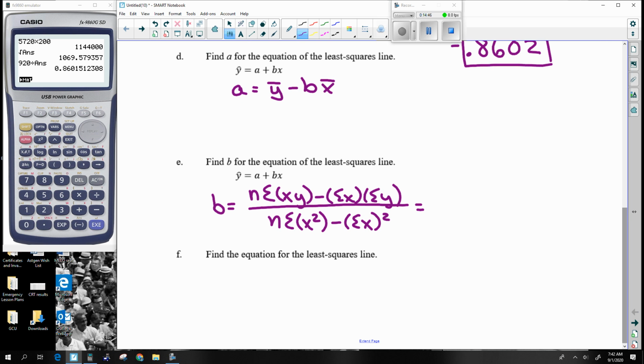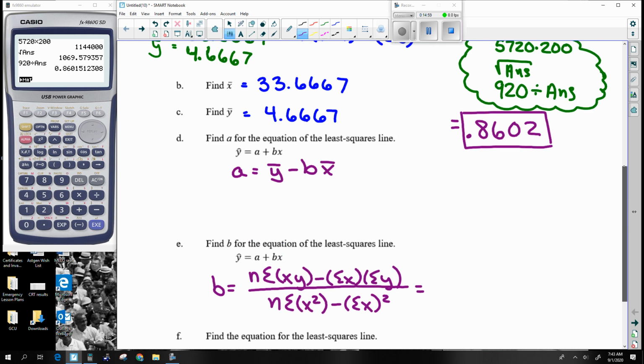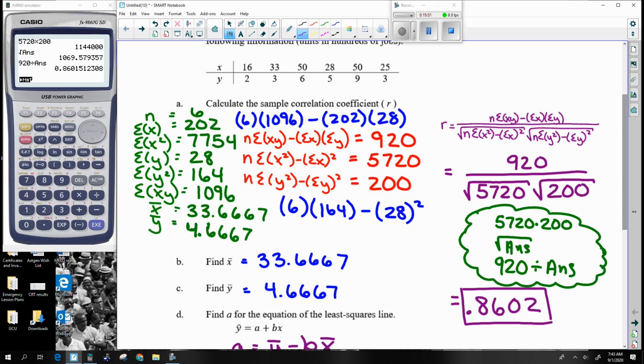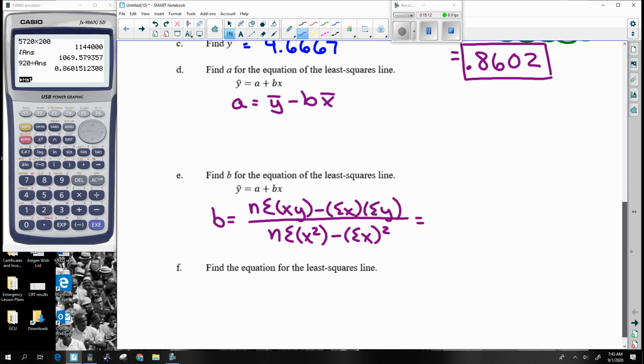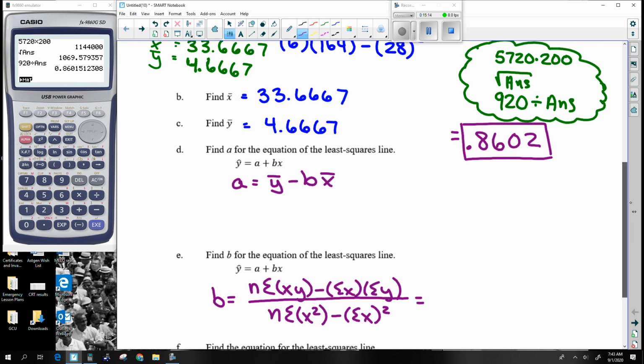Well, take a look at the formula of B right here. Look specifically at the numerator and the denominator. The numerator, if I flash back to the work I've already done, is the very first mini formula written in red. I know what that answer is. It's 920. And the denominator is the sum of x squared, et cetera.